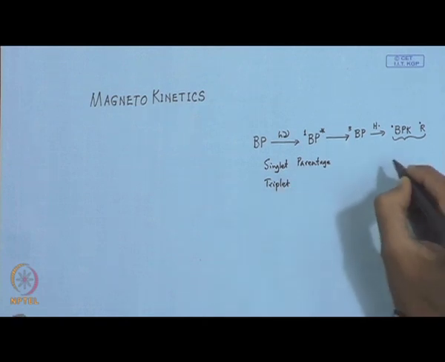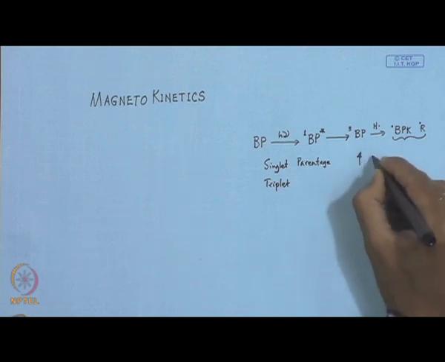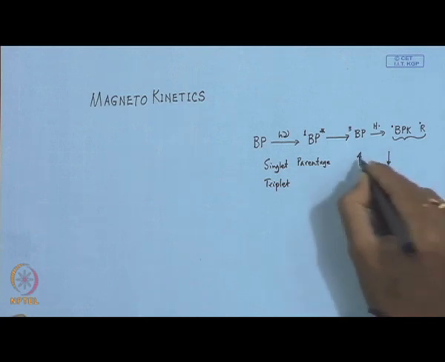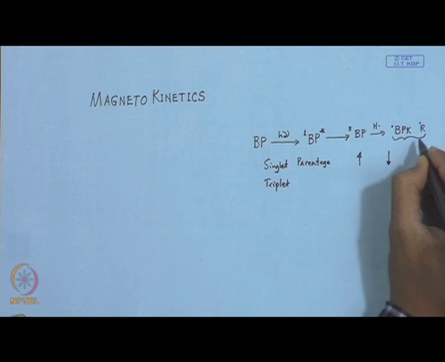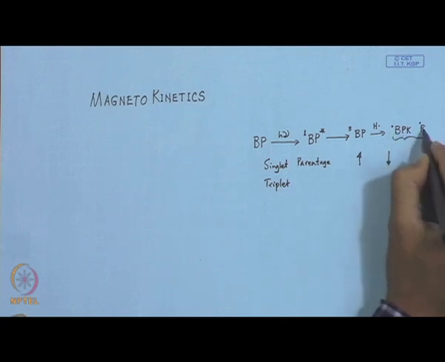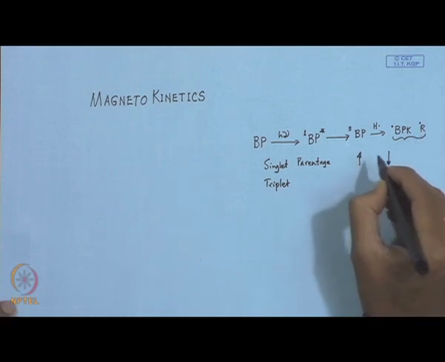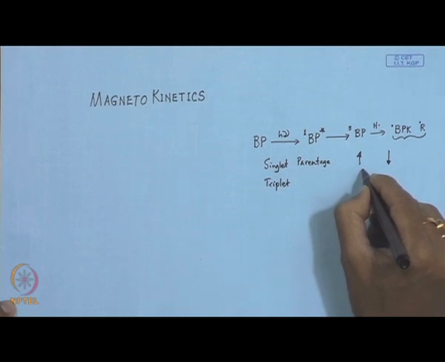For singlet, these two spins are opposite, and they are located on different parts, one on BPK and another on R. And there is a finite separation between them.